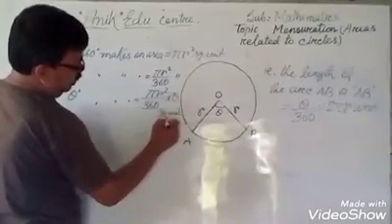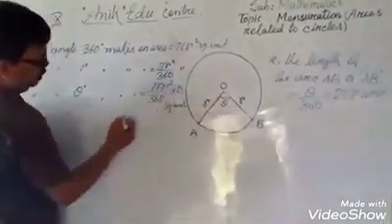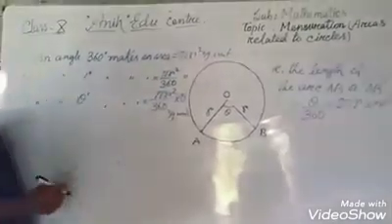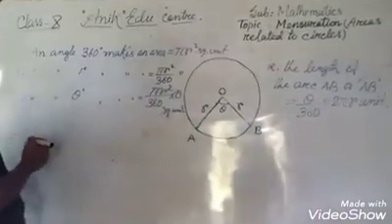That is, the area of this sector OABO is equal to pi r square by 360 into theta.